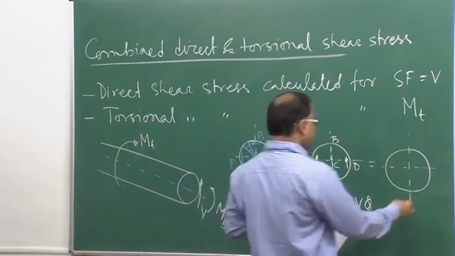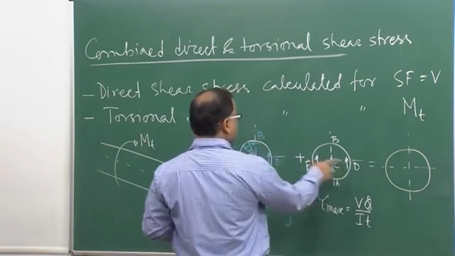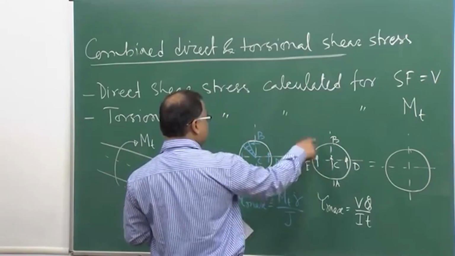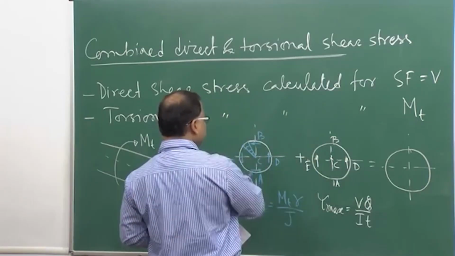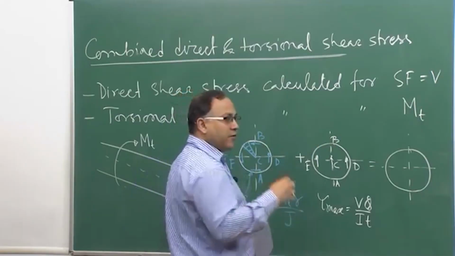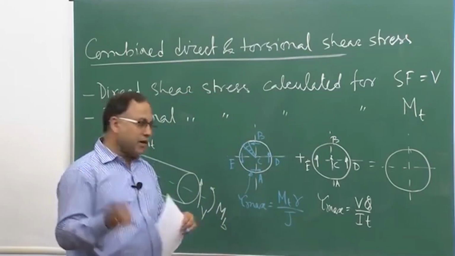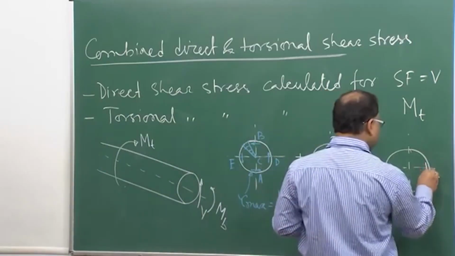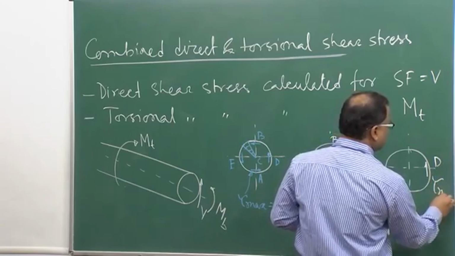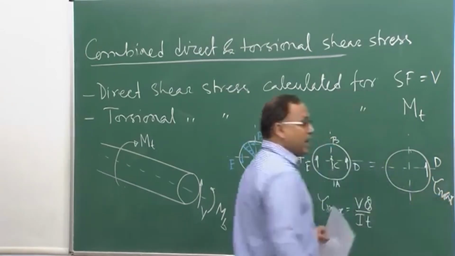So, ultimately, at point D it will be additive, while at point B basically it is in this direction, it is in this direction, so it will be subtractive, and all other points will have different values, right. So, the maximum shear stress you will get at point D, and that will be your tau max if you combine algebraically.